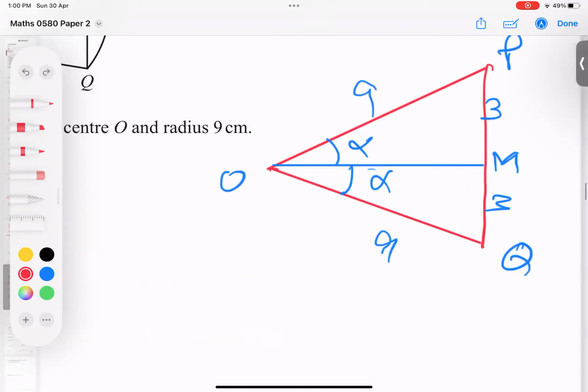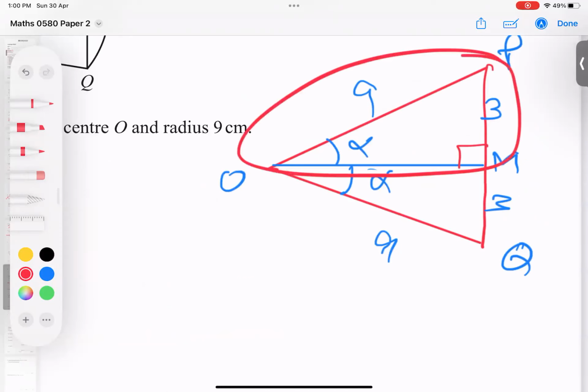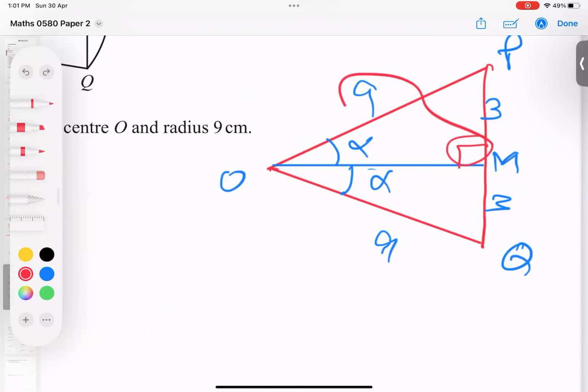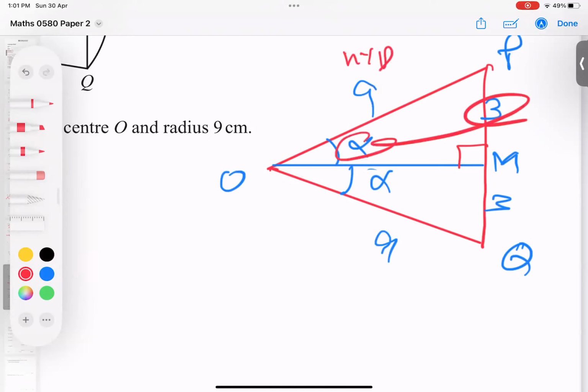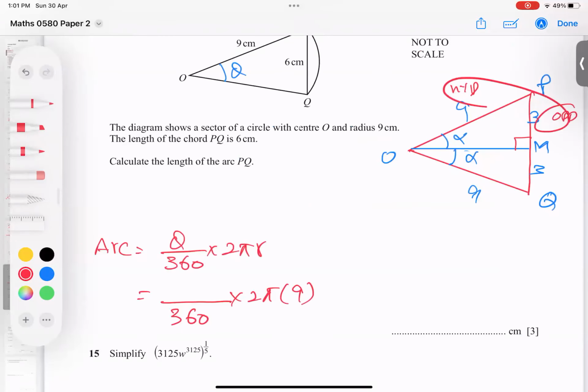Now go to basic trigonometry and use the upper triangle, SOHCAHTOA. In front of 90 is called hypotenuse. I'm writing hypotenuse. In front of the angle, this is called opposite. And opposite over hypotenuse, SOH, S-O-H. S for sine, I'm writing sine theta. O for opposite, 3 I'm writing here.